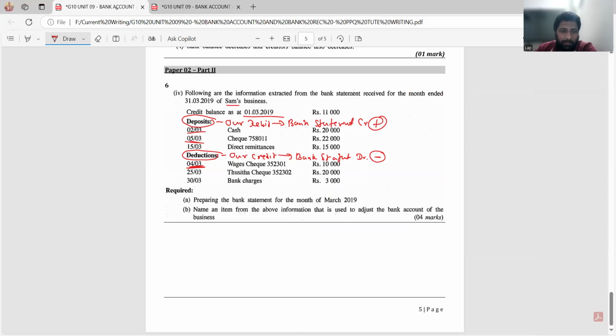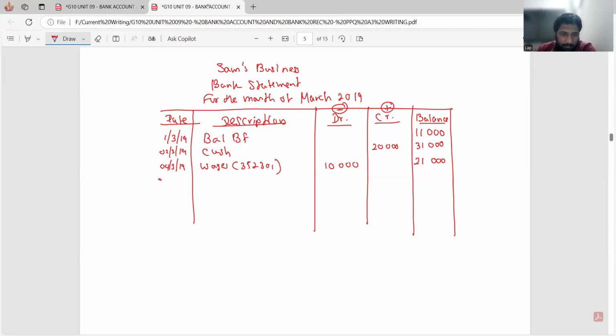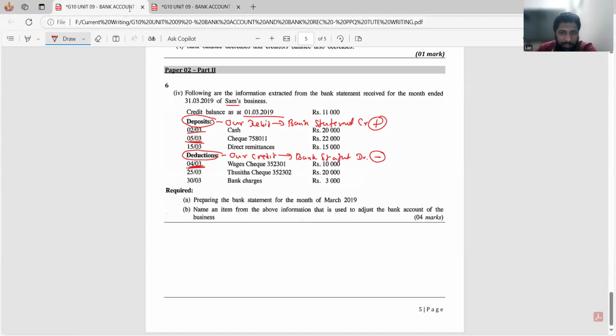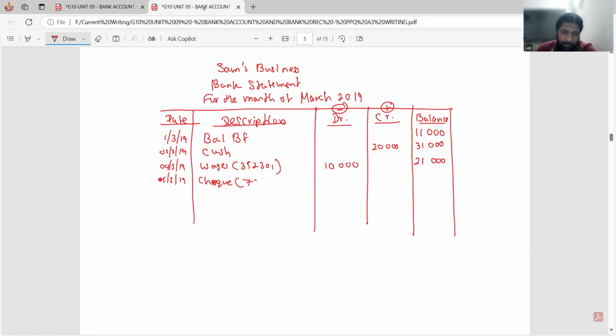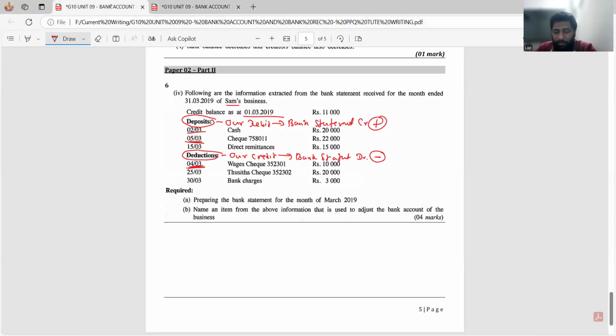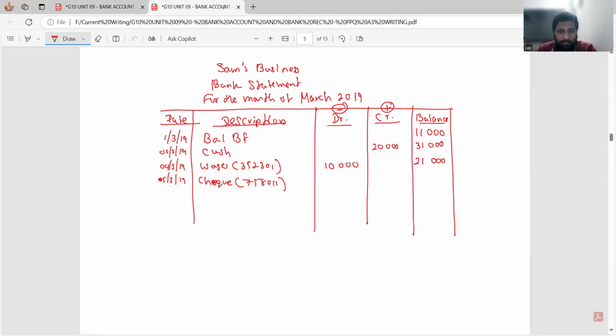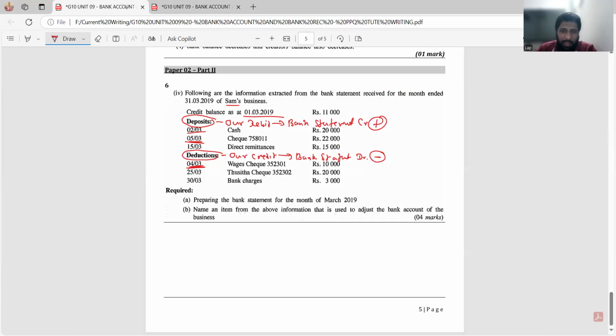Next one. 5/3. Check deposit, number 758011. The amount is 22,000. It will increase the balance to 43,000. Why did I write it on the credit side?